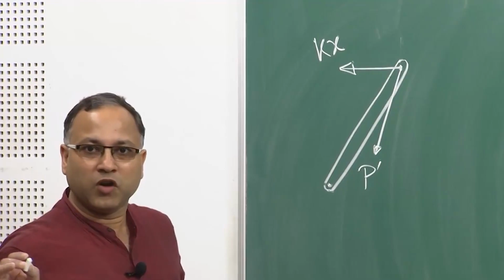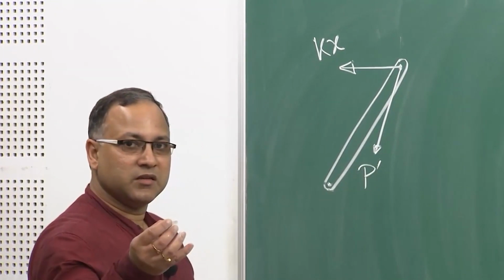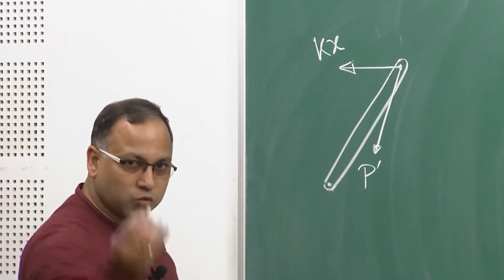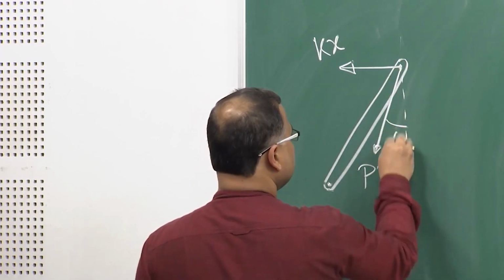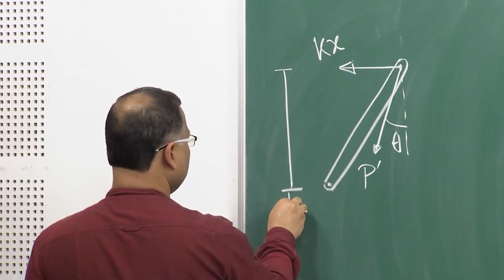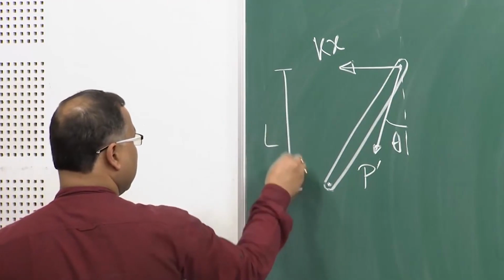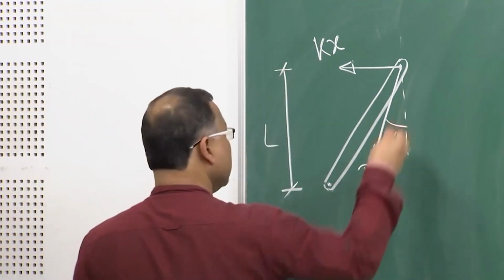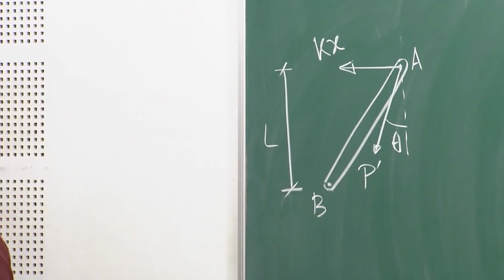So, P and P prime will not be the same. P prime is the tension applied through the rope, and this angle is, say, theta, and this is L as shown in the figure. So, this is your point A and point B, fine. This is the loading system, the externally applied loads on the strut AB.